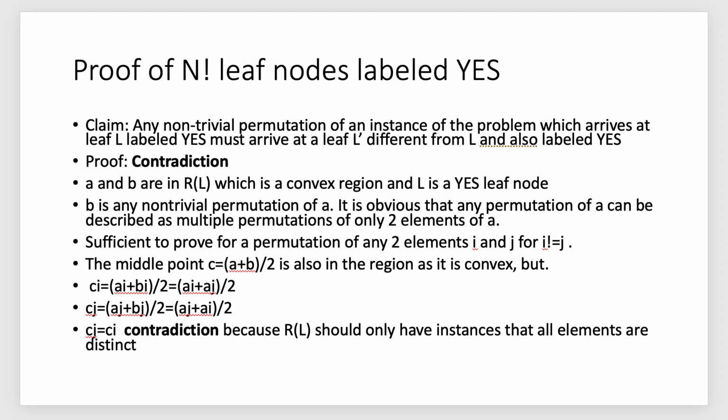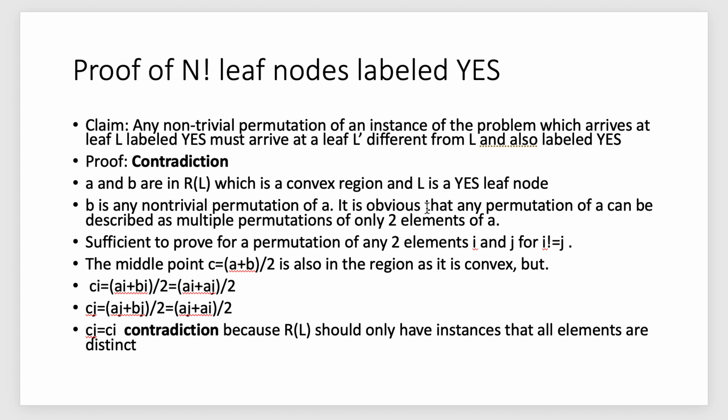For example, I first permute two elements, and then I permute two more elements, and then I can reach any possible permutation by doing multiple permutations of two elements.